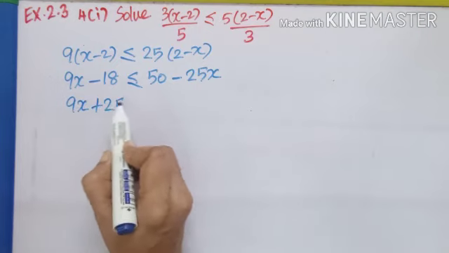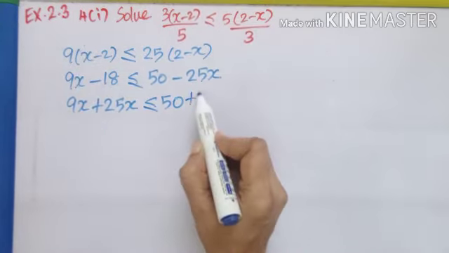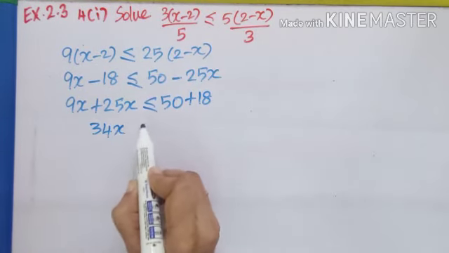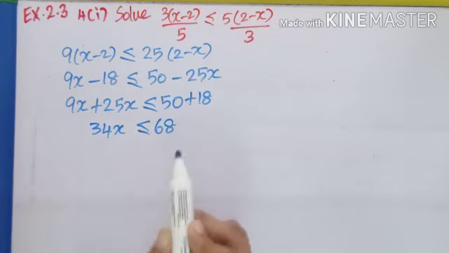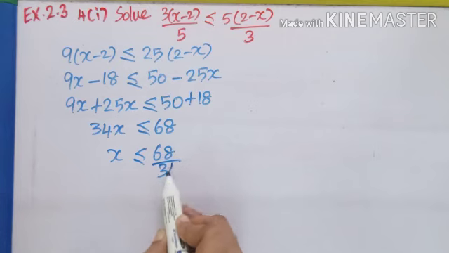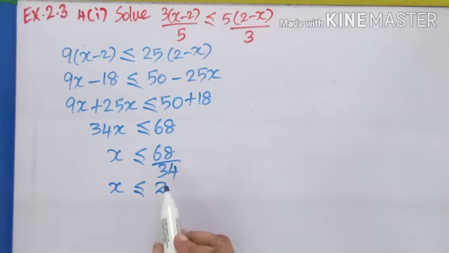The next step, bring x all to one side. 9x plus 25x less than or equal to 15 plus 18, or it is 34x less than or equal to 68. Or I get x less than or equal to 68 by 34. That is x less than or equal to 2. So we need to give the answer in the interval.